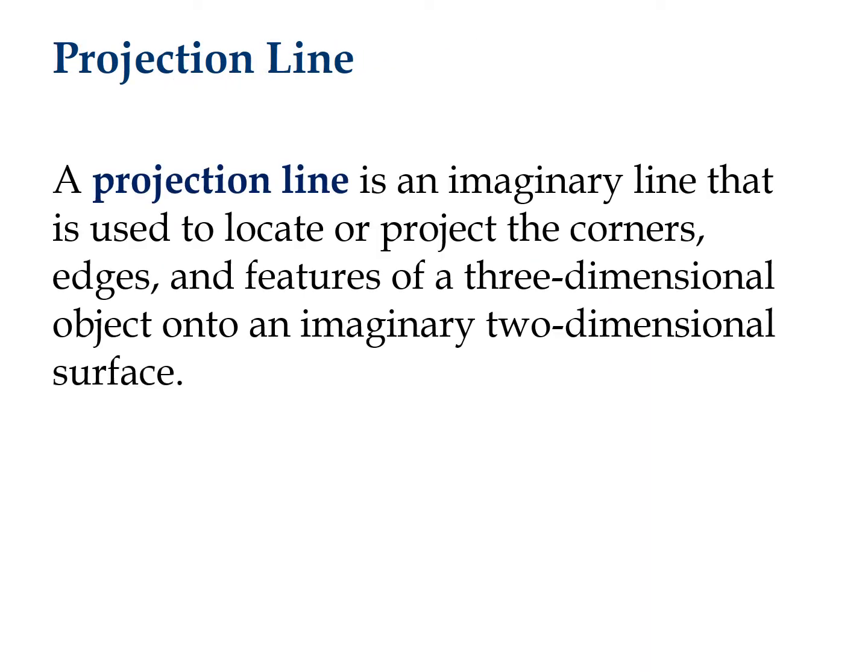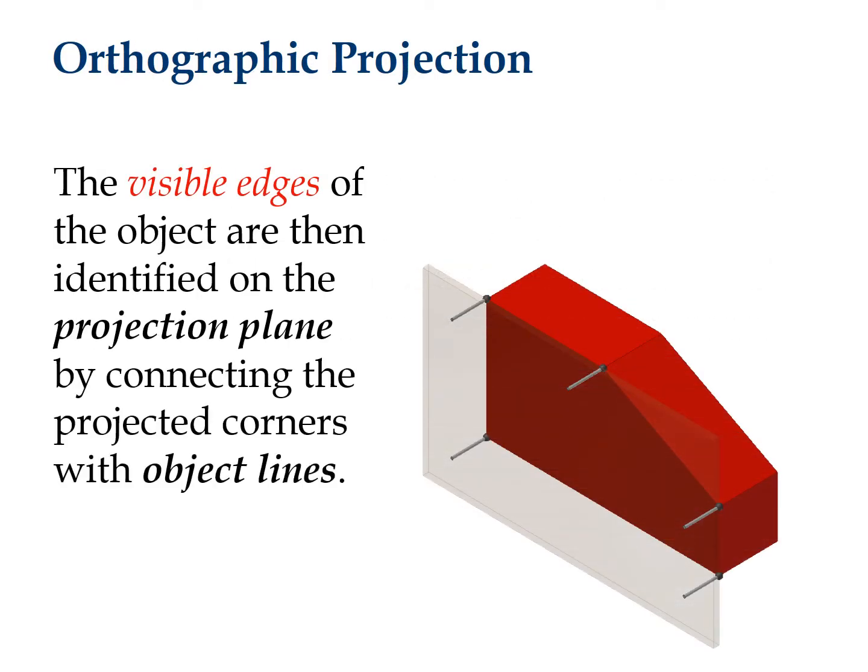A projection line is an imaginary line that is used to locate or project the corners, edges, and features of a three-dimensional object onto an imaginary two-dimensional surface. The visible edges of the object are then identified on the projection plane by connecting the projected corners with object lines.